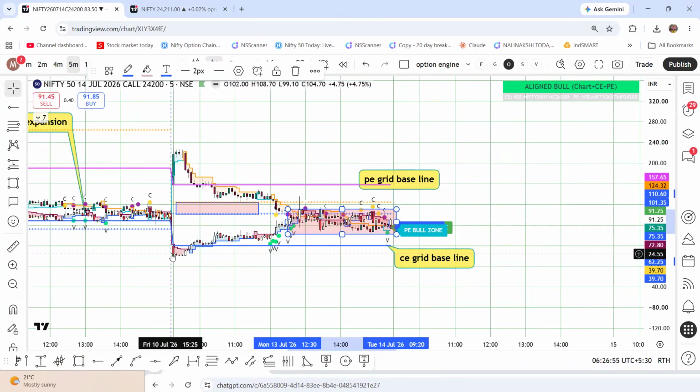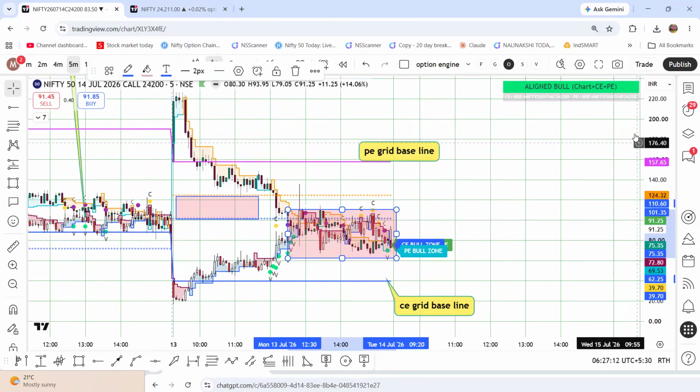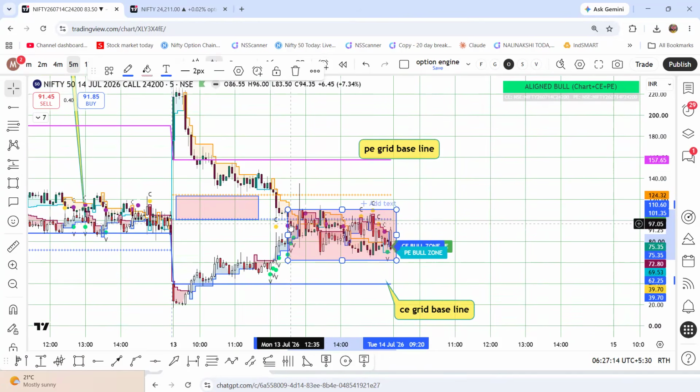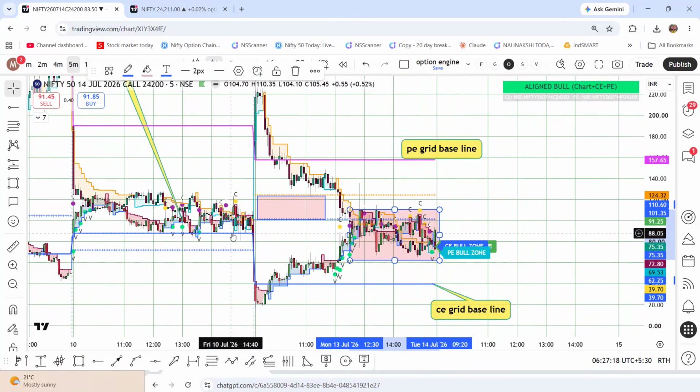Then at the same time, when there was a huge expansion, this started converging. And these are the pivots already there in the system. You can anticipate the call option price moving towards expansion towards this level or a little bit beyond. This is the base grid line.